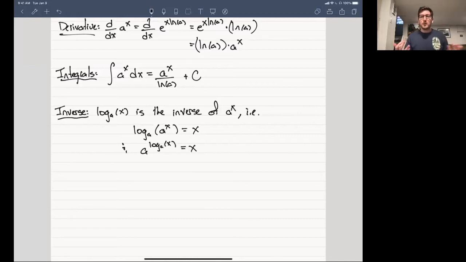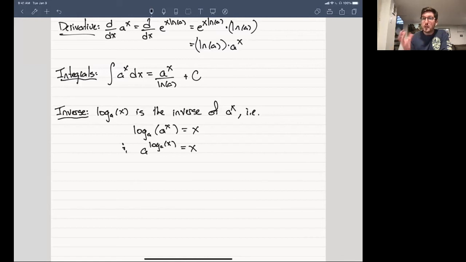So this is just a notational thing. When a is equal to e, then we get back ln, right? So ln, the natural logarithm, is paired with the natural exponential e to the x. For any other exponential with base a, we write log base a.